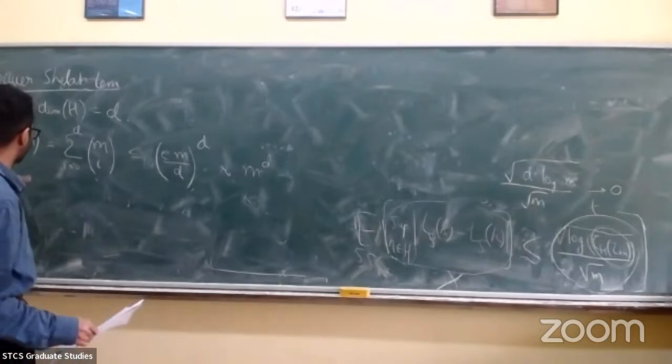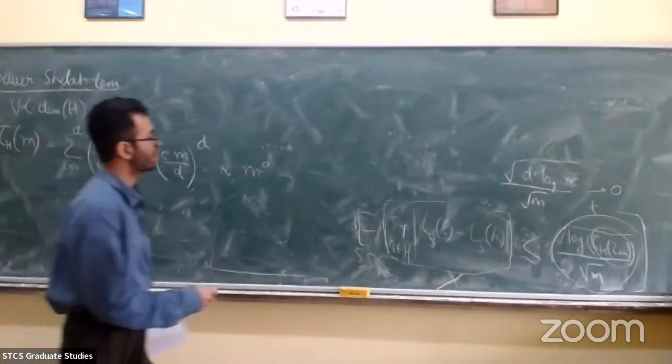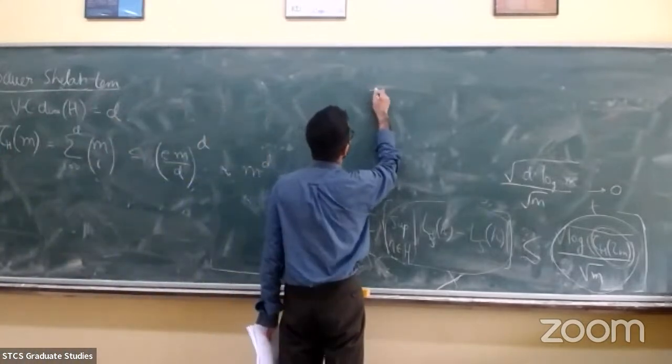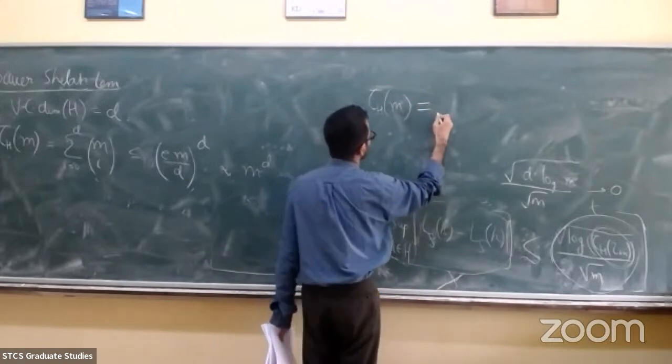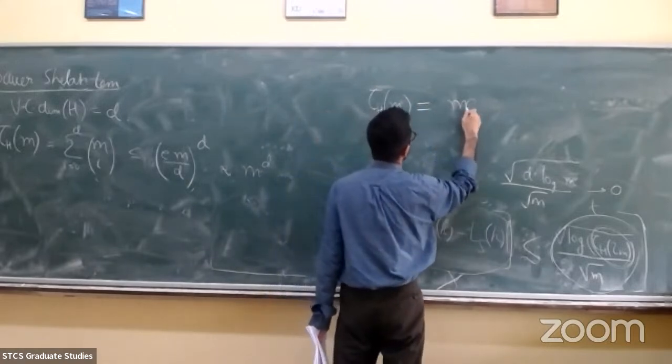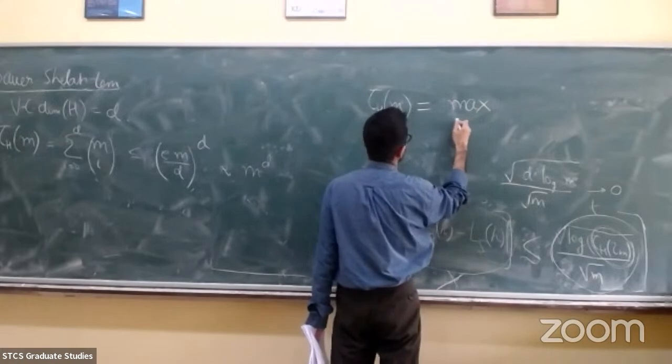Maybe I'll write the growth function definition again in case people have forgotten. So tau_H of m is the maximum over all subsets.